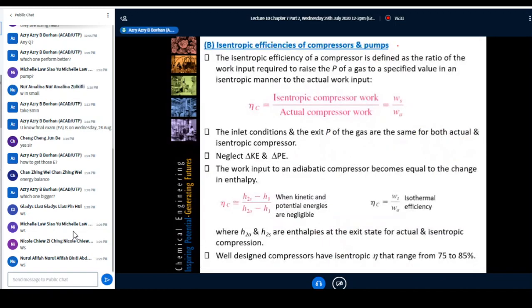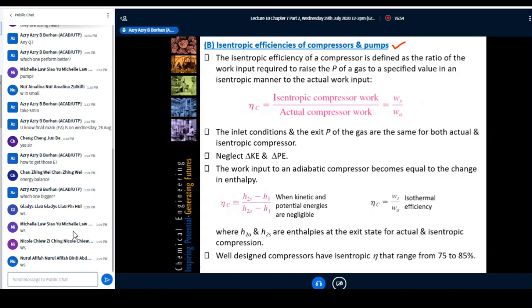Now, for compressor and pump, isentropic efficiency for the compressor is equivalent to isentropic compressor work divided by actual compressor work. Okay, WS over WA. Guys, it's easy actually to understand this.